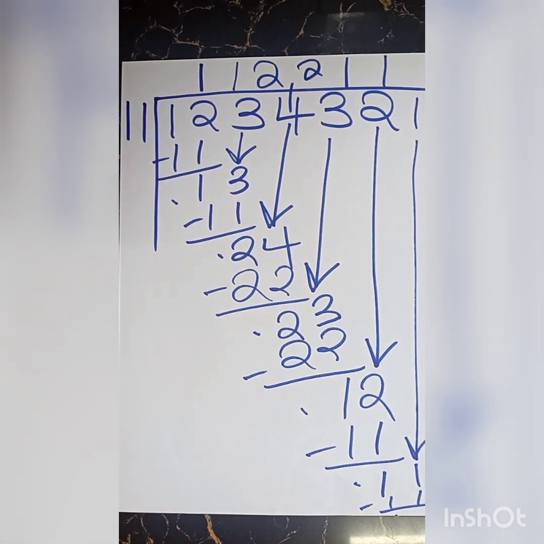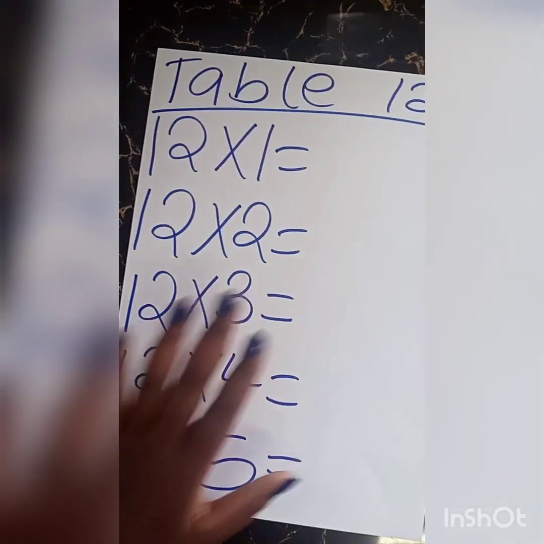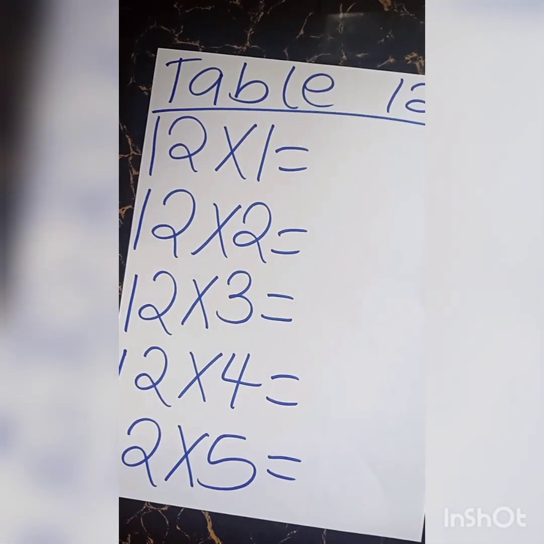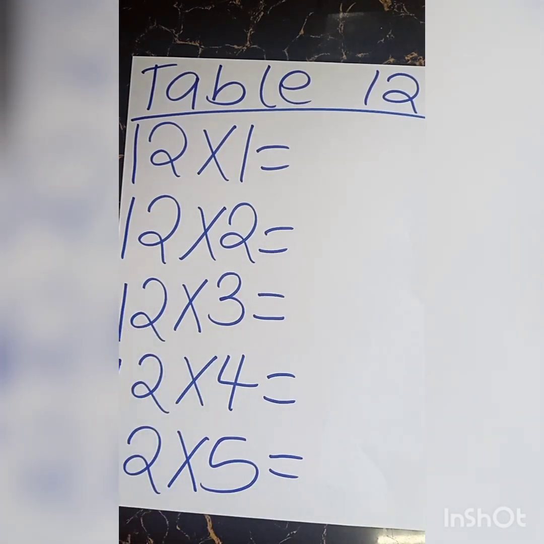So for table 12, we'll simply start by dealing with the digits in the tens place. And remember, I covered the topic on place value some time back, where we learned about the ones place, the tens, and the hundreds place.